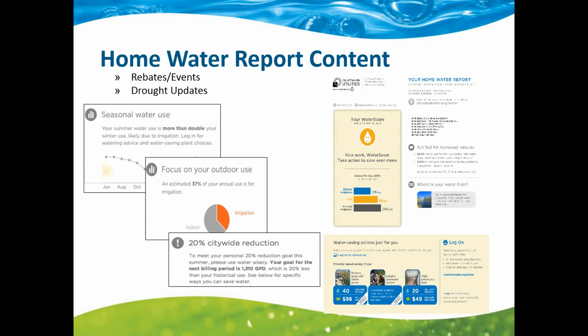So we had to be very careful about our messaging to make sure that we weren't contradicting either of the agencies and that we were following the regulation that we needed to. So far to date, Palo Alto has had about a 15% residential decrease in water consumption, which is great. Next slide, please.